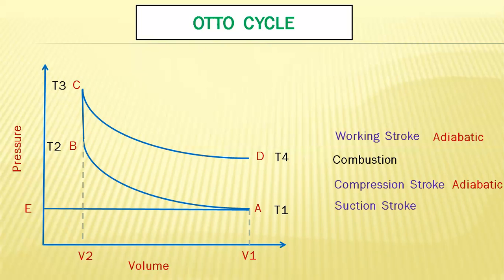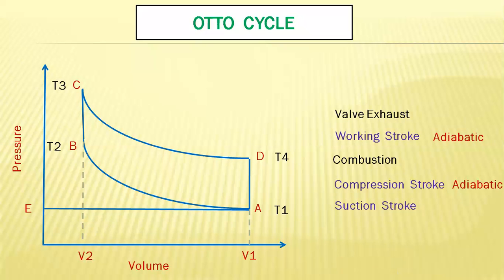And after the working stroke, the outlet valve opens, the pressure reduces to atmospheric pressure and the volume remains the same because the piston remains in its own position. Only the pressure is reduced to atmospheric pressure at room temperature.